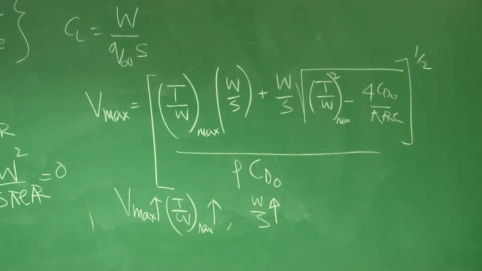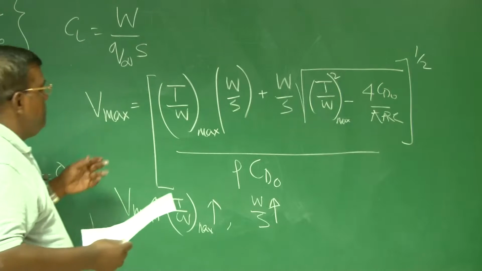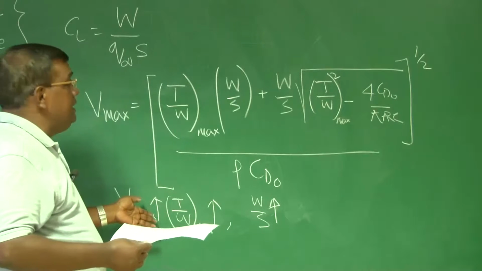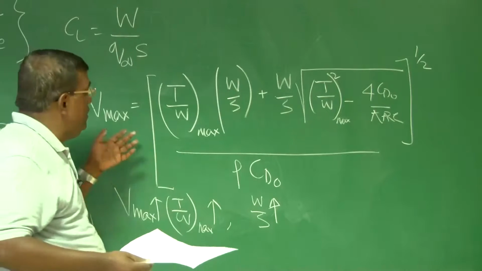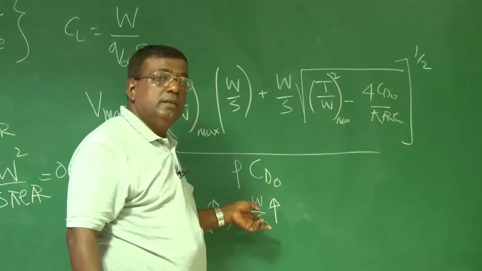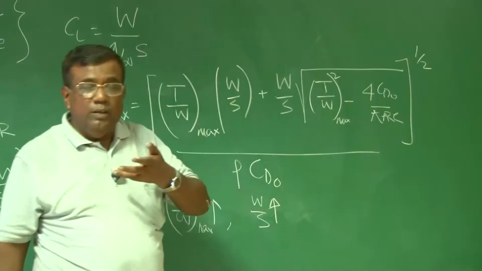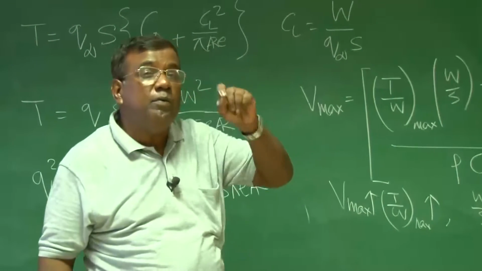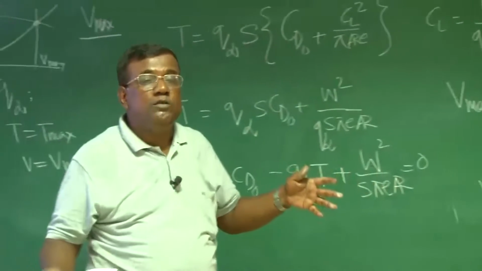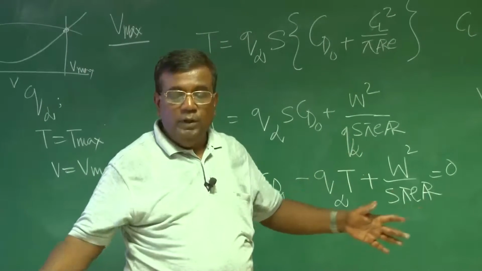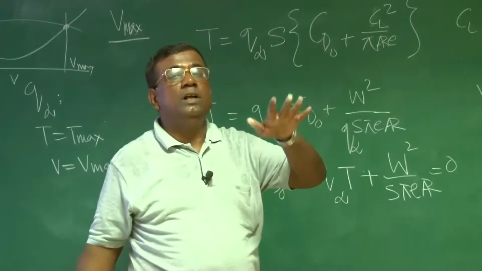Do you see the interesting point? Vmax will increase if T by W increases, naturally it will give more acceleration, but Vmax will also increase if W by S increases. That means S is smaller, so drag is less, so it will accelerate fast. Remember, for Vstall, I want W by S to be smaller. If W by S reduces, wing area increases, so Vstall reduces.